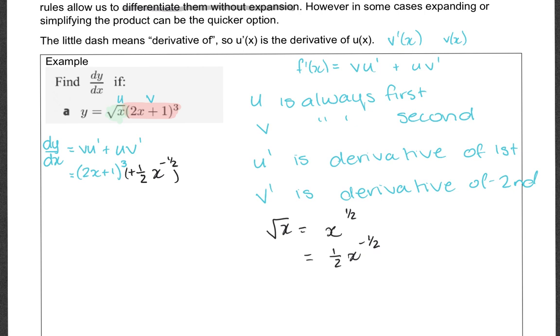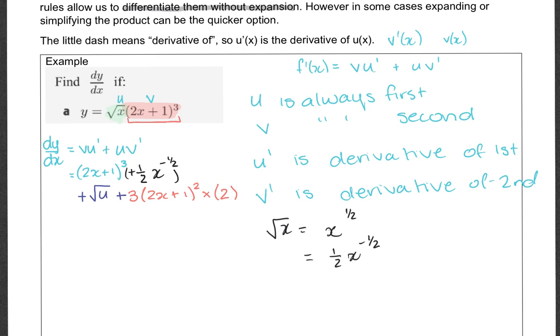Okay, next bit. We've done v u dash. Now we've got to do u, so the u is there, plus v dash. Now this one's going to get a little bit complicated. We need to find the derivative of this, so you need to think about your chain rule. 3 comes down, the inner function stays the same, the 3 decreases, and we multiply by whatever's inside the bracket.